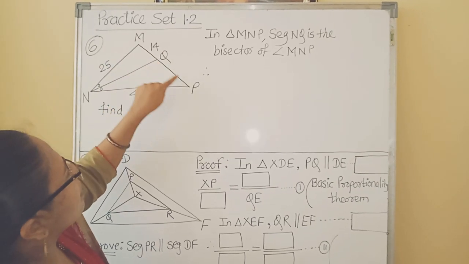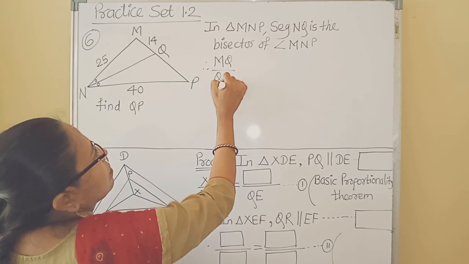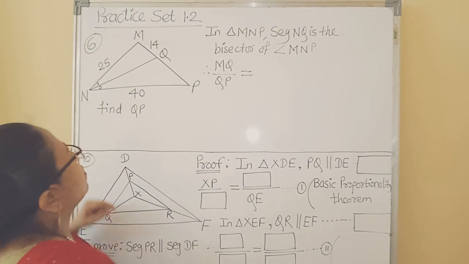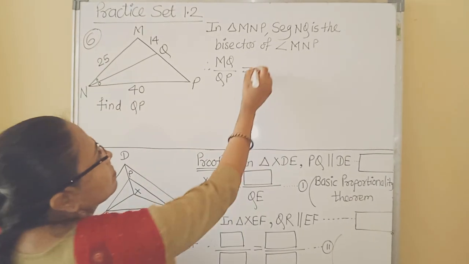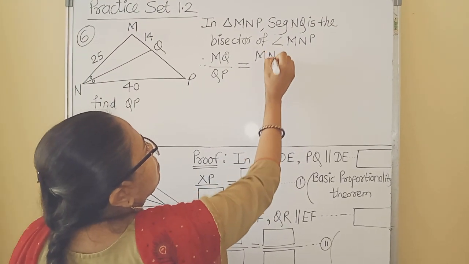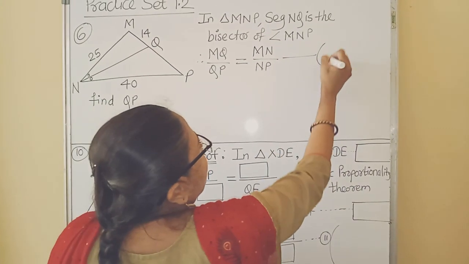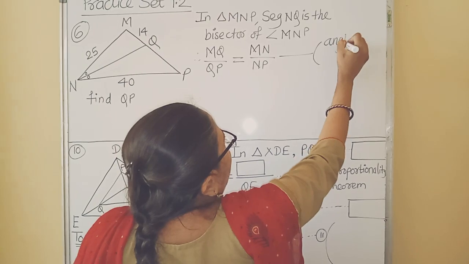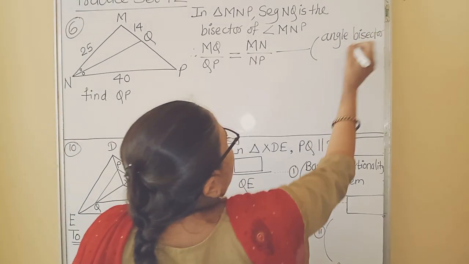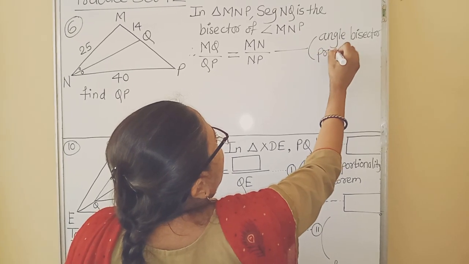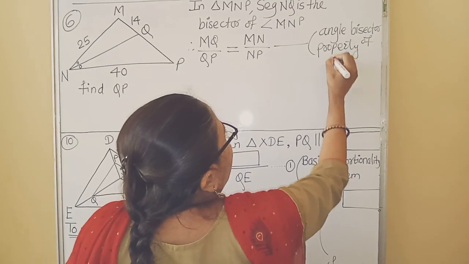MQ upon QP equal to MN upon NP. And in reason we will write angle bisector property of triangle.